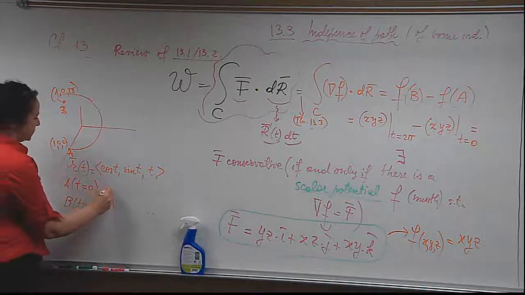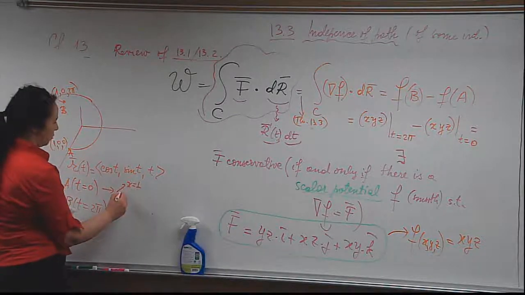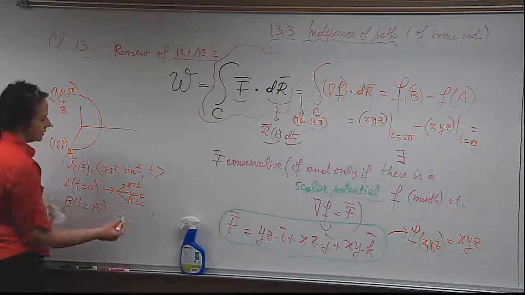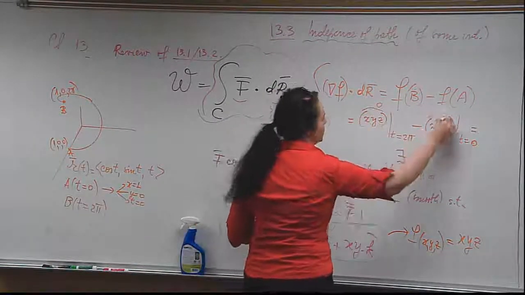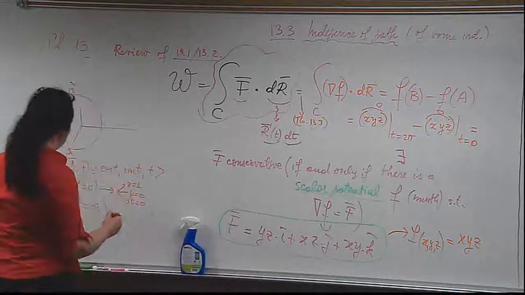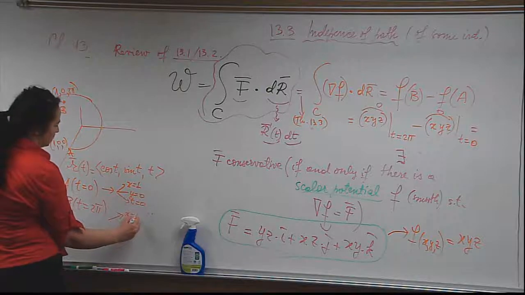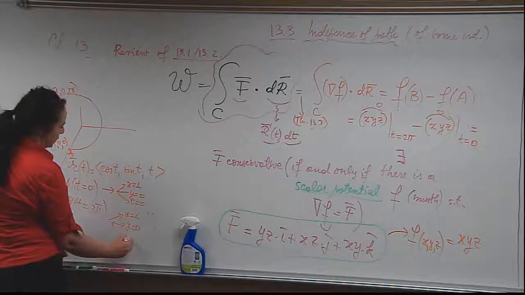So when t is 0, I have x is 1, y is 0, and z is 0. And in the end, it doesn't matter, I can get 0 for this and get 0 for that as well. So when t is 2 pi, I get x equals 1, y equals 0, and z equals 2 pi.